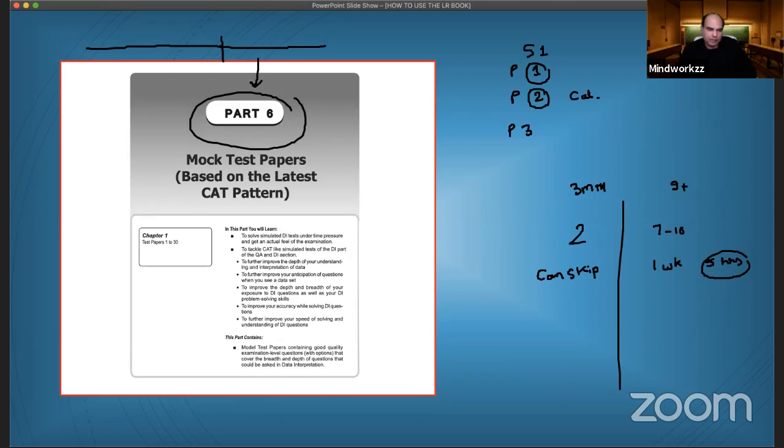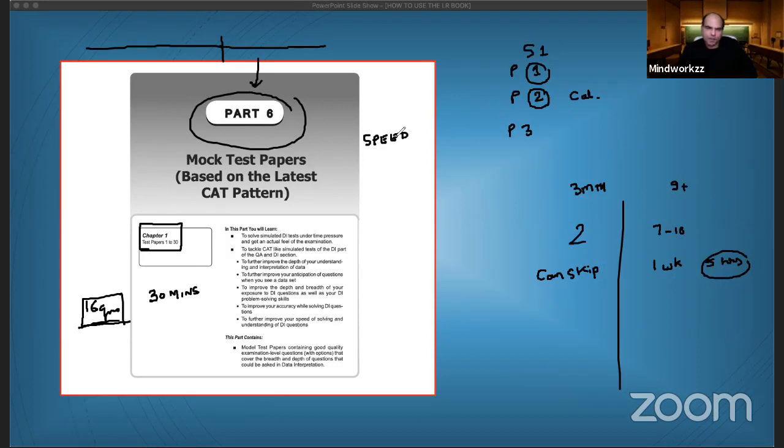So these 30 mock test papers are of 16 questions each, based on the latest CAT pattern. 16 questions, but this is completely traditional DI. 16 questions and 30 minutes to do. So you might want to work on your speed here on data interpretation.